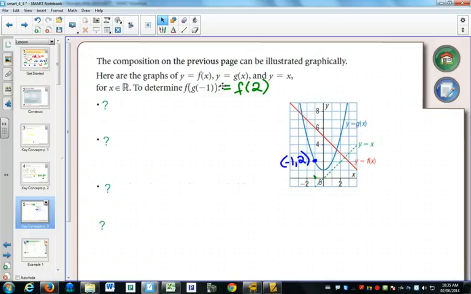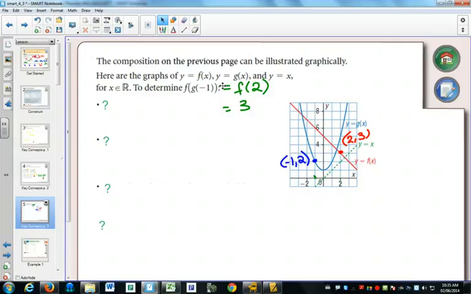And f of 2 says, well, now that's looking on my red graph. I need to find out when I plug in 2, what do I get? Well, here's 2. On my graph, I have 2, 3. So f of 2 would equal 3. And this is how I'd recommend doing them from a graph. Right?